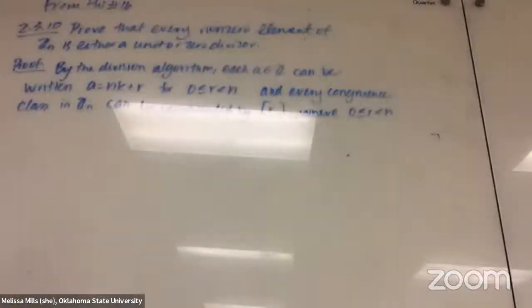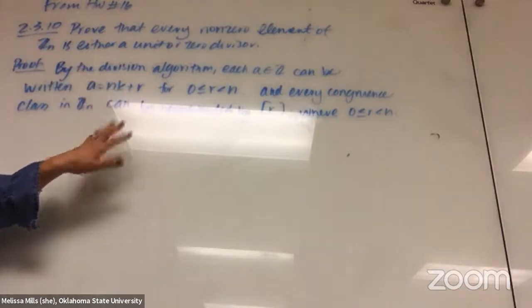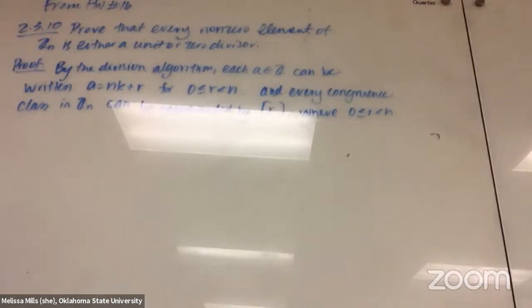We've kind of talked about this, but I just wanted to write that down in the front of this proof so we can be clear. These r's that I'm talking about are between 0 and n, so we're talking about these congruence class representatives represented by those remainders.